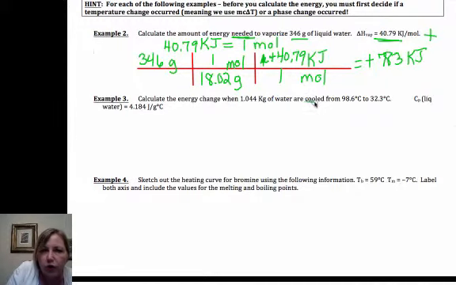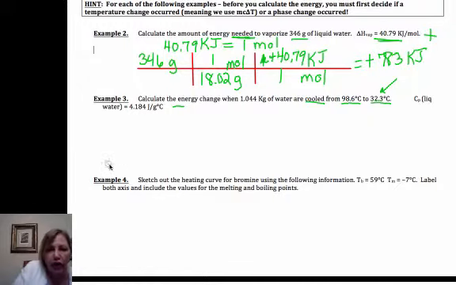Now let's look at this next one. Water is cooled. So we're on a cooling curve. That's exothermic. So we expect our answer to be negative. Let's see if that happens. When we're cooling liquid and we are below the boiling point and above the freezing point, so we know we still have pure liquid.